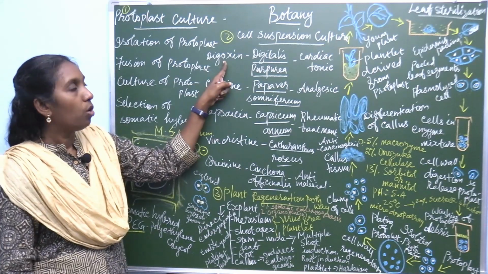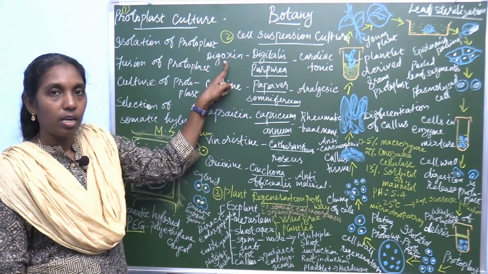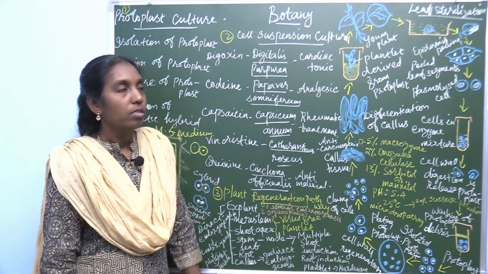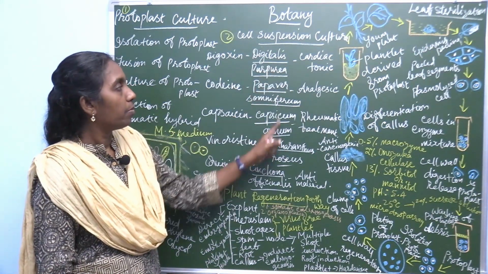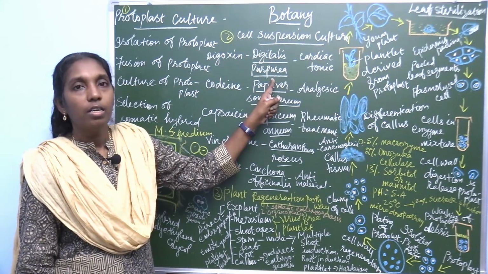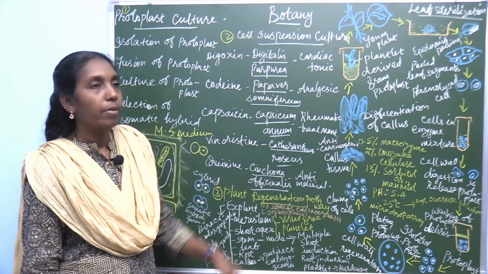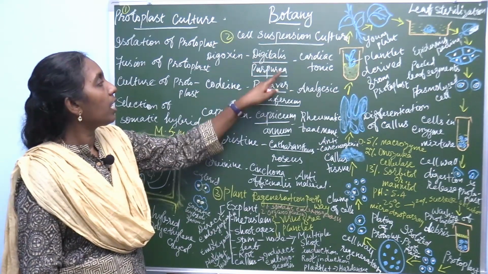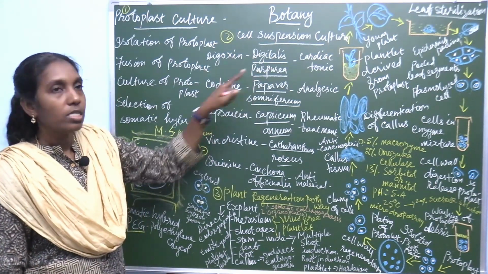Digoxin is obtained from Digitalis purpurea. Whenever you write these binomials, underline the genus name and the species name separately. What is the use of this?